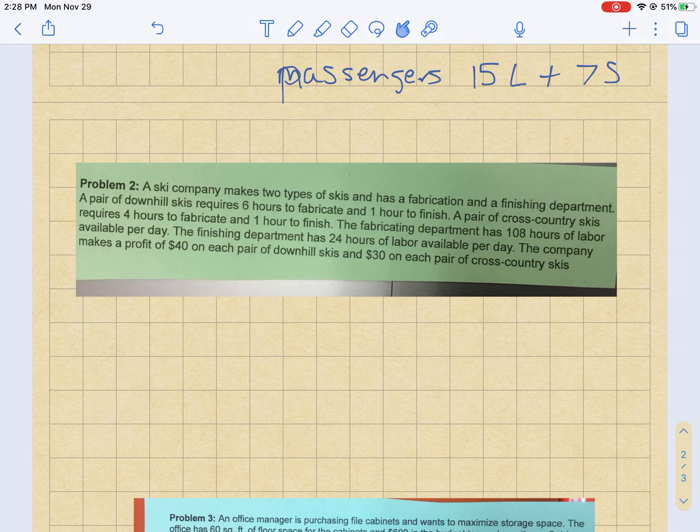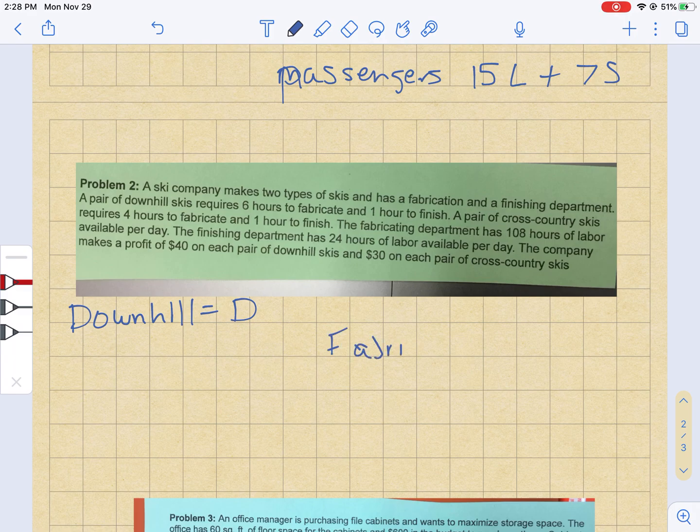So this next one here, a ski company makes 2 types of skis, has a fabrication and finishing department. Downhill skis, so I'm going to use a D. And so we said there's fabricating, and then we have finishing, and then we have downhill and cross country.